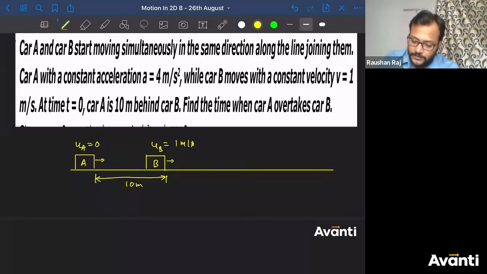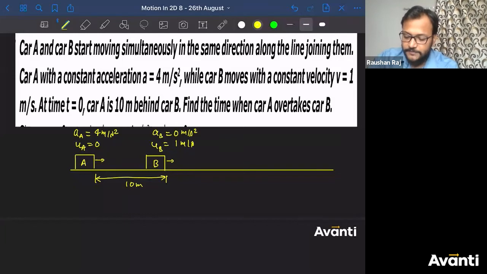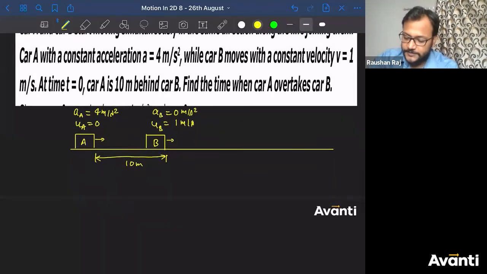Okay, what about the acceleration of A? It is 4 meter per second square. What is the acceleration of B? It is 0 meter per second square, because it moves with constant velocity. Alright, what is the initial position of B with respect to A?